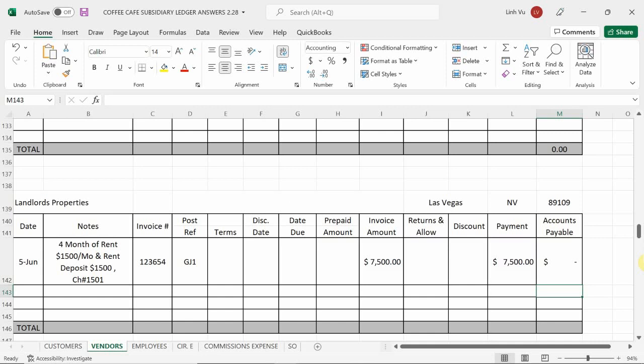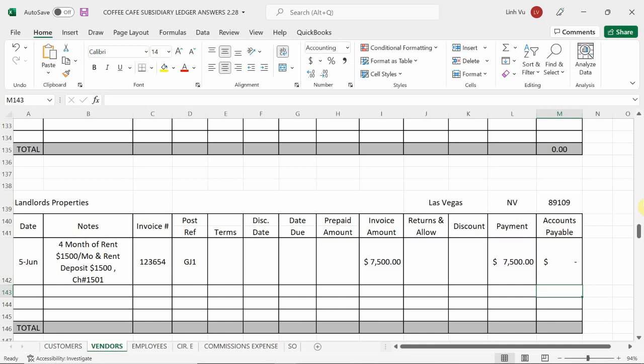So that's the formula I plugged in here: you're going to start with your invoice amount, subtract any prepaid, subtract any returns, subtract your discounts, subtract your payments. And that's going to give you your formula here. So this formula, you can apply it to all of the vendors here, because they're going to be using the same exact formula.